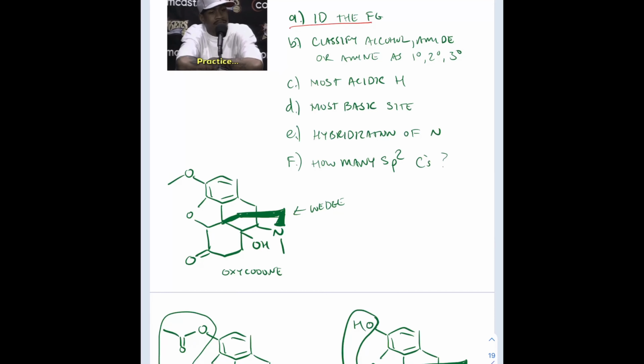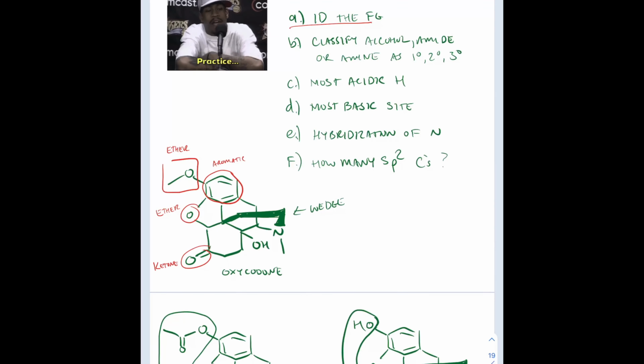ID the functional groups. All right, so pause it and give it a try yourself, and then see if you get what I get. Okay, so I'm going to go ahead and get started. We have this right here is an ether, and this obviously right here is an aromatic. This is an ether also. This is a cyclic ether because it's within a ring.